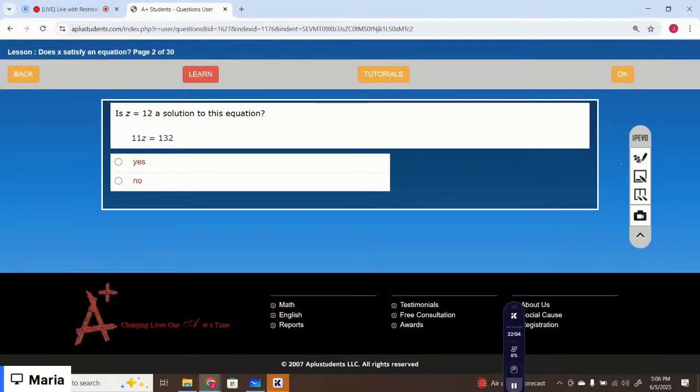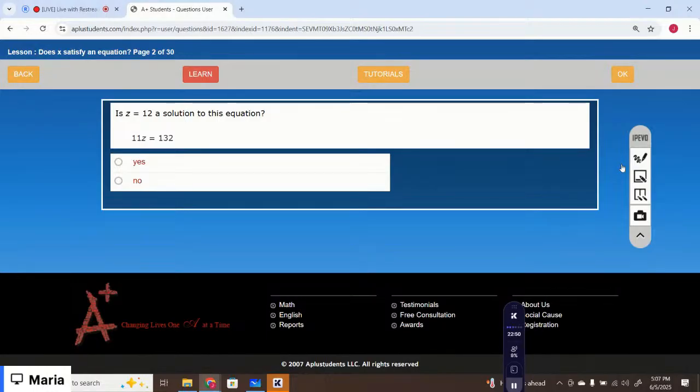Is c equals 12 a solution of the equation? We just replace the variable c with the value.